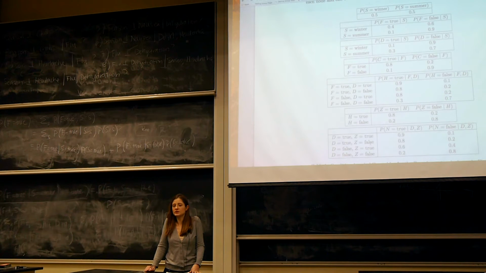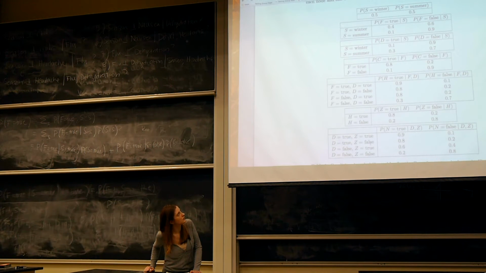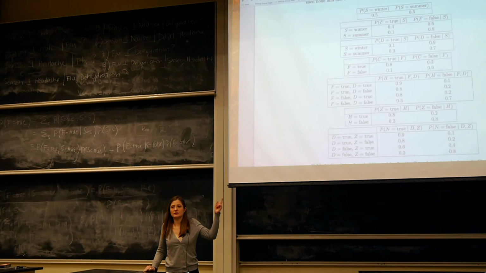If your variables are binary, like they are here, this is actually pretty easy to estimate using maximum likelihood estimation. Let's suppose you just wanted to estimate the probability that season equals winter.